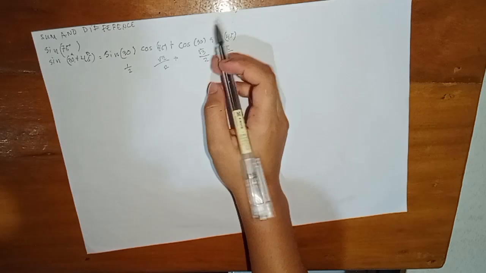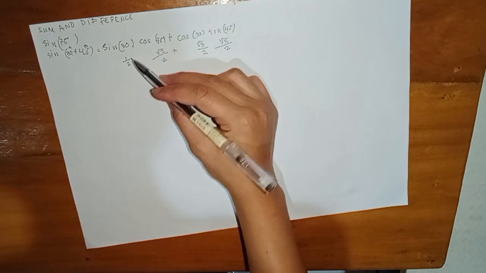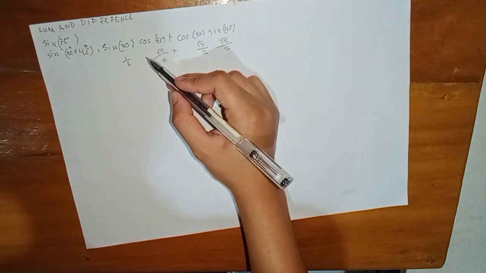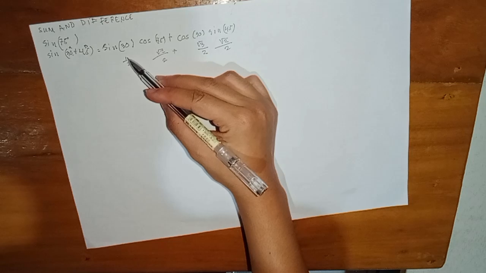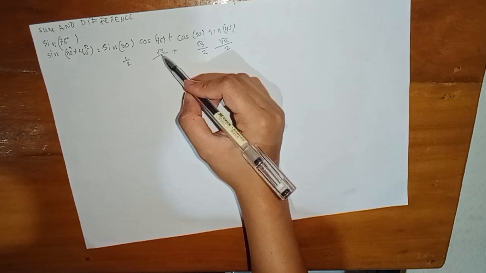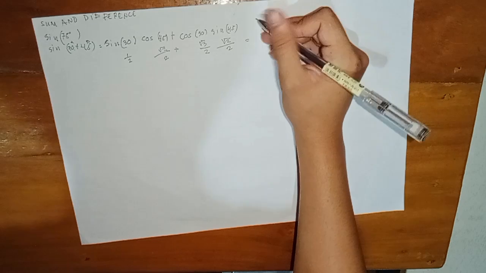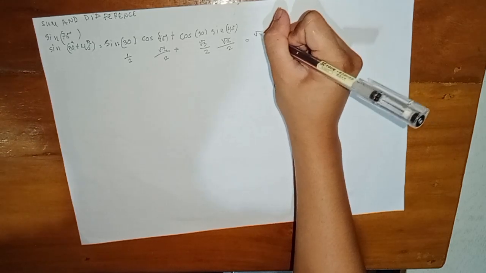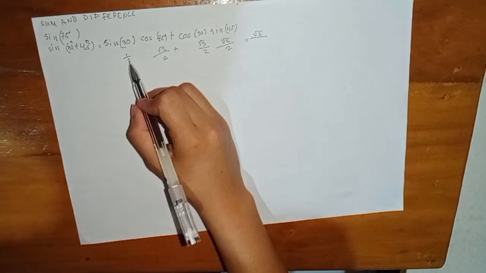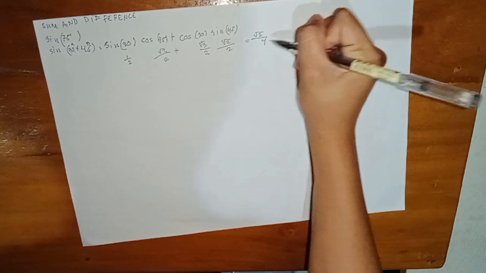So we can multiply these. 1 times square root of 2 is square root of 2 over 2 times 2, which is 4.